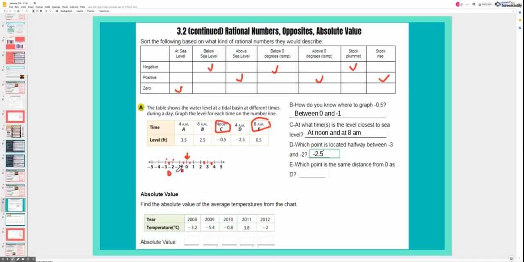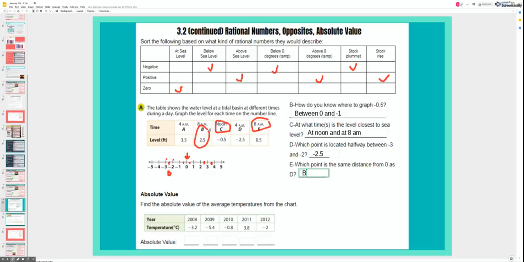Which one is exactly the same distance from 0? So look on the positive side, which letter was exactly 2.5 units from 0? That would have been B. They're both 2.5 away, but one's positive and one's negative, meaning they're opposites of each other.